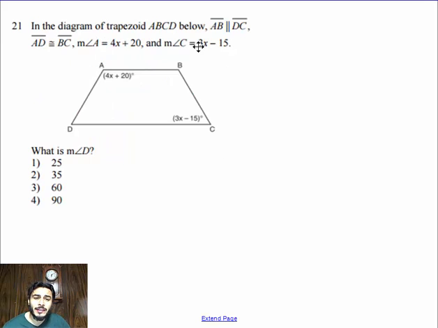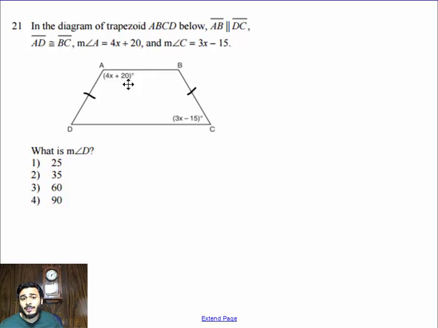So number 21 says, in the diagram of trapezoid ABCD below, AB is parallel to DC, AD is congruent to BC. So let me go ahead and label that. The measure of angle A is 4x plus 20, and the measure of angle C is 3x minus 15. What is the measure of angle D?